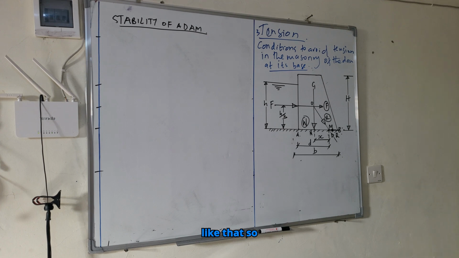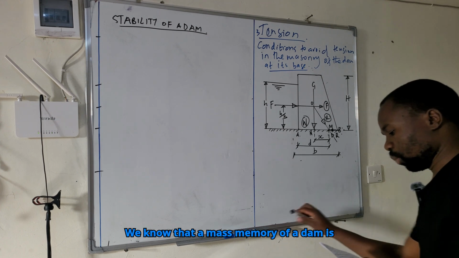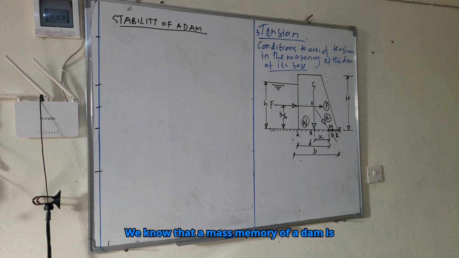Like that. So we know that masonry of a dam is weak in tension, and hence tension in the masonry should be avoided.